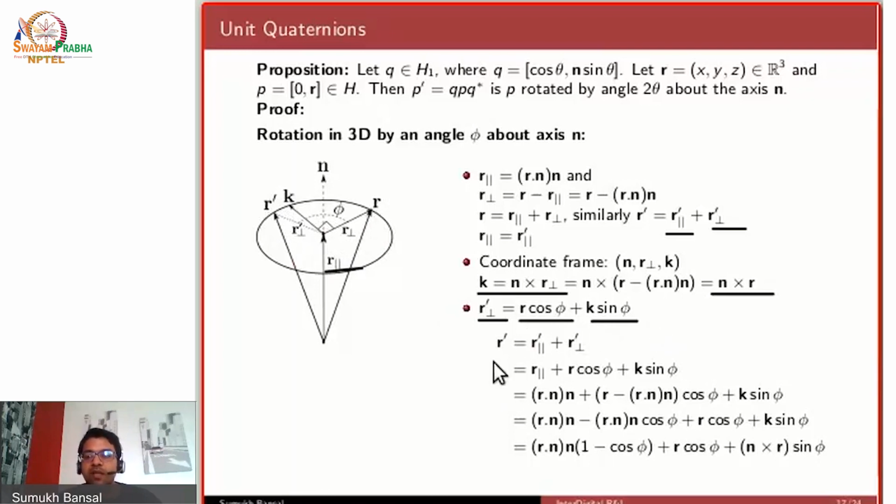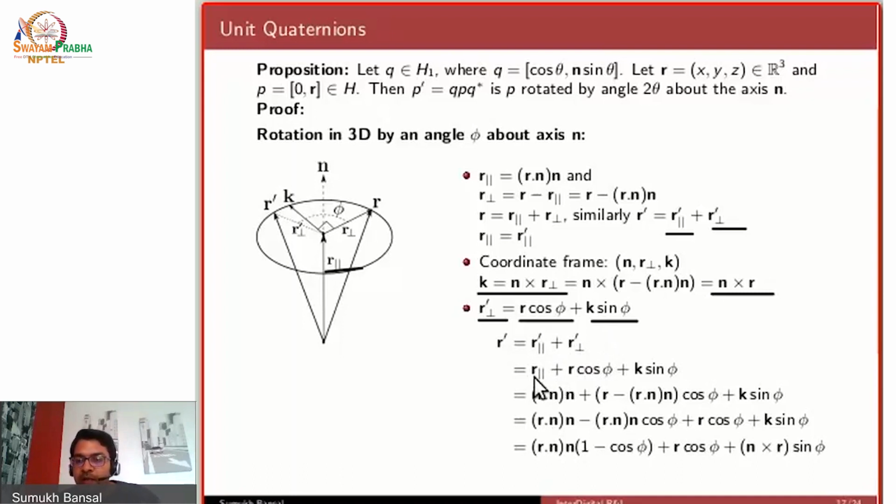Now we just substitute the basic definitions which we know in this expression over here. So we know r dash parallel is equal to r parallel, and then we put the value for r dash perpendicular, and this is the expression you get.